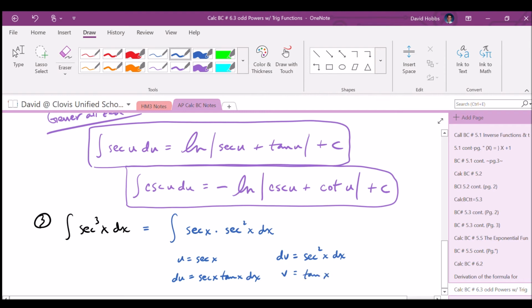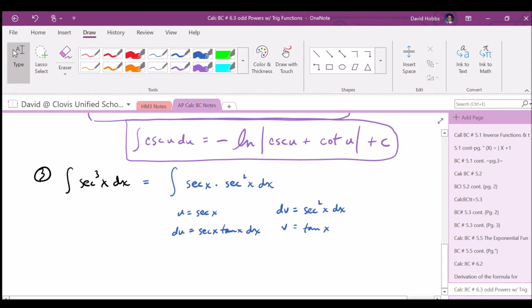Okay, and so we get that this is equal to uv, so secant x tangent x, minus the integral of v du.